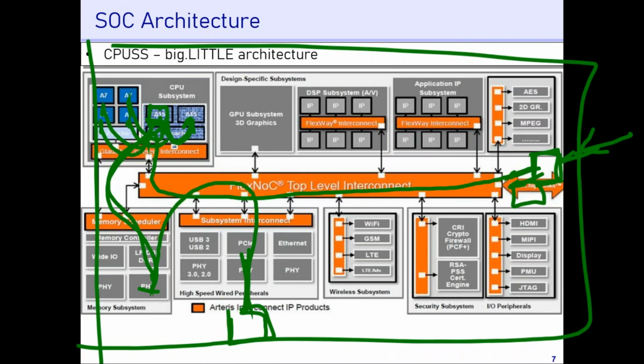Now, the reset that went here gets distributed to all the other components in the SoC. One of these resets also goes to the CPU subsystem. In this CPU subsystem, the reset doesn't take effect for all the cores. It will take effect only for one of the cores, what we call the primary core.